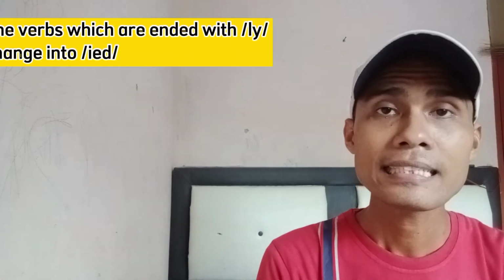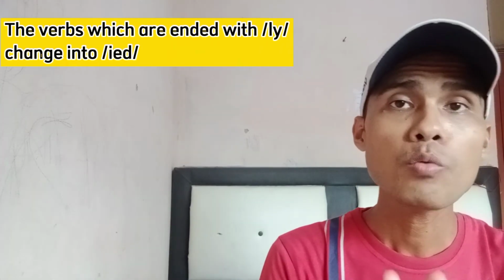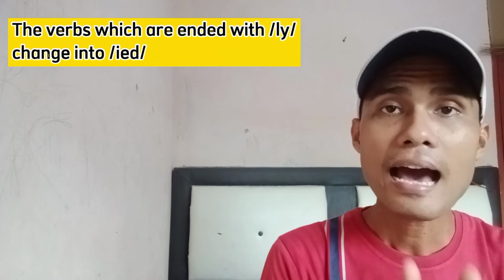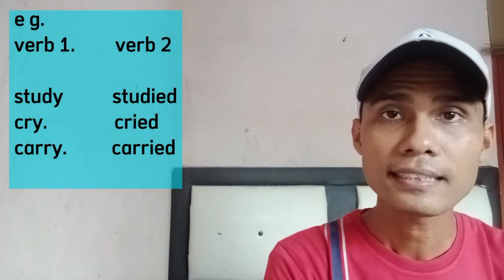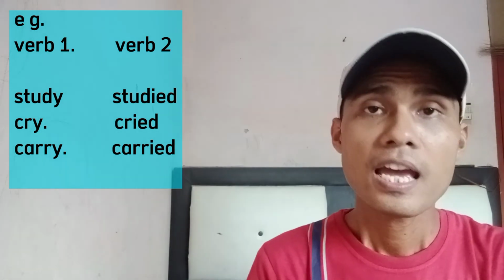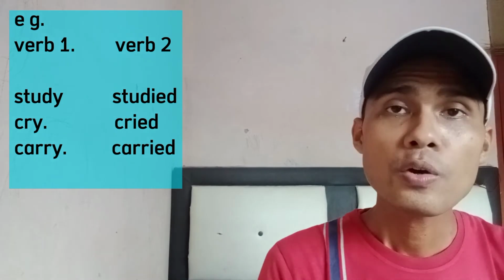There is one more way to form the verb in simple past tense. For the verbs which end with letter Y, we just need to change the letter Y into IED. For example, study, studied, cry, cried, carry, carried. So in our sentences, it will sound like this.